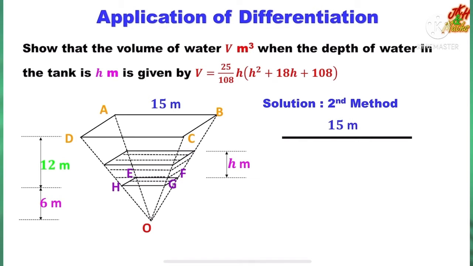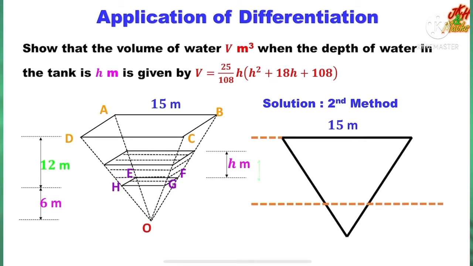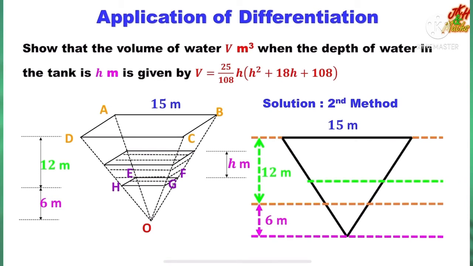So the cross section with one side is 15 meters. This is the cross section of the complete square base pyramid. This height is 12 meters, and this is 6 meters.